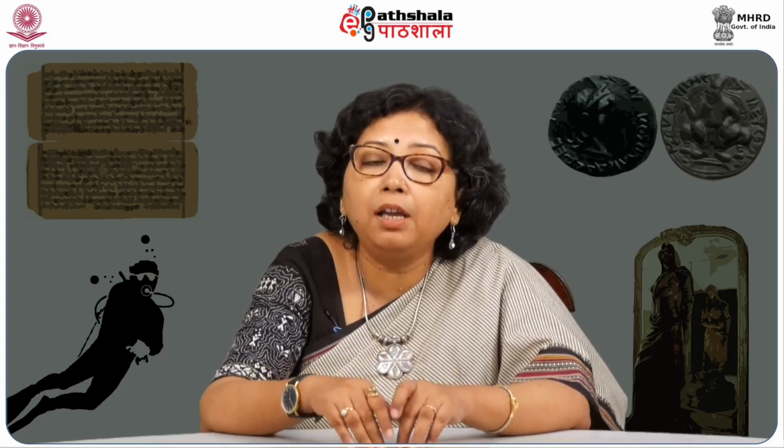And this gets support from this inscription of Rudradaman, where he says that he defeated the Yaudheyas, which means that the Yaudheyas had been emerging as an important power around the 2nd century CE.